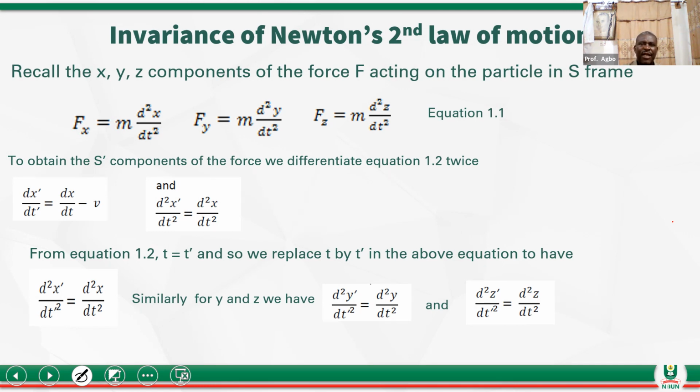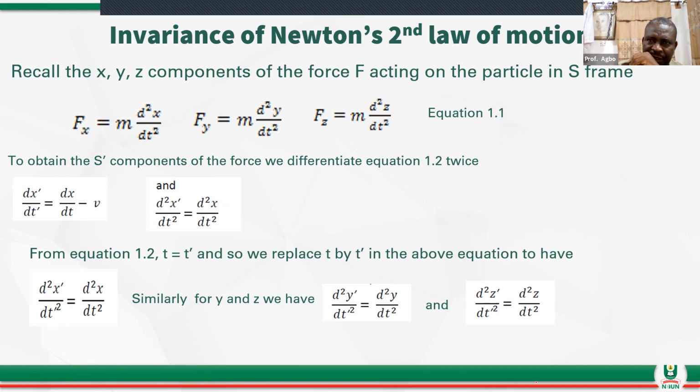That will take us to recall the x and y components of the force acting on the particle in the S frame. Remember, last time we talked about those force components.